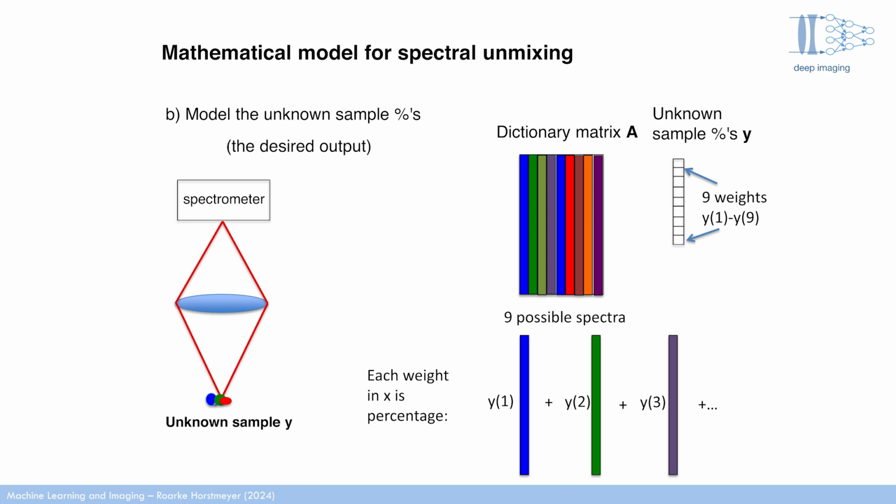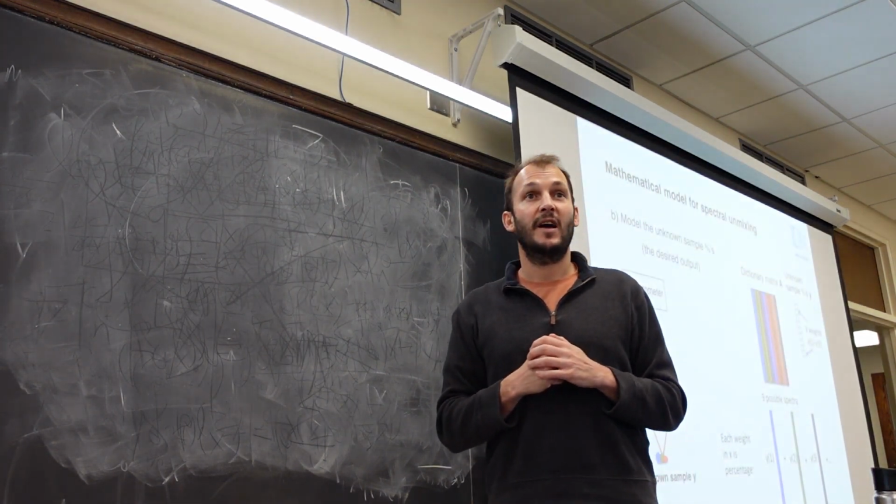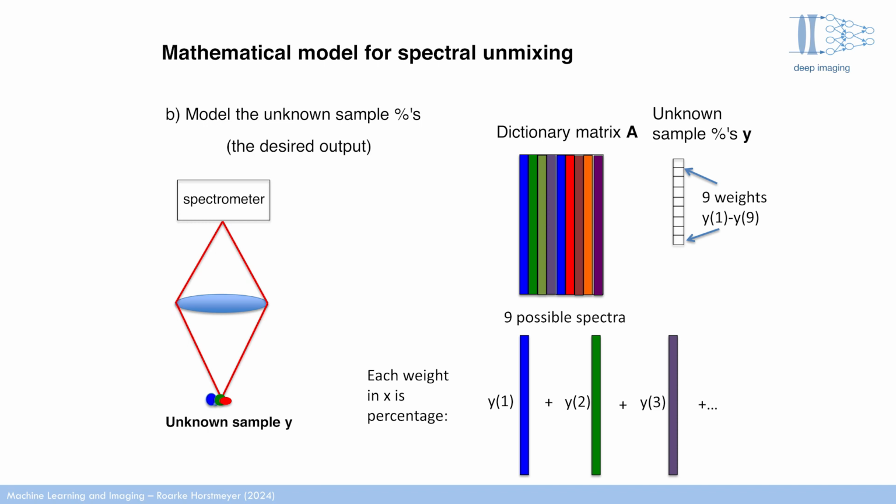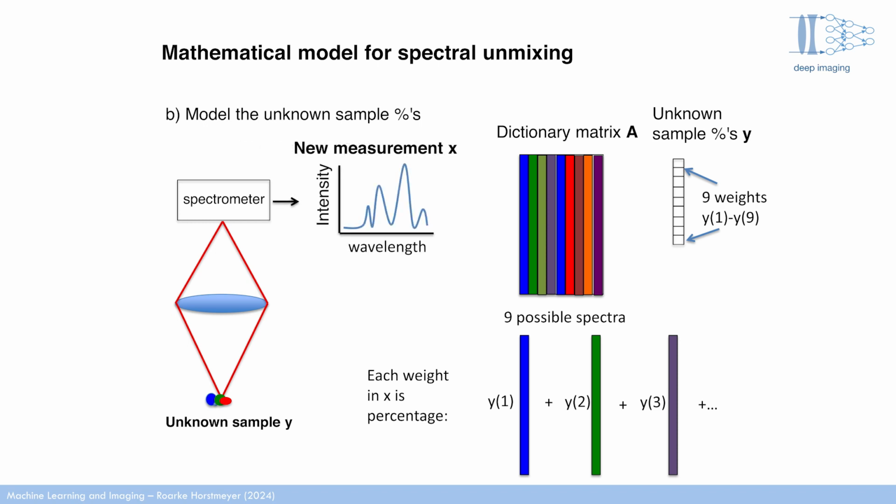It's really up to us. And then we perform a multiplication, right? And so when we multiply y into A, the result will be literally that linear combination I just mentioned. It'll be the first value of y times the first column of our dictionary matrix plus the second value of y times the second column, et cetera, et cetera. Okay, and so that's going to lead to our new measurement.